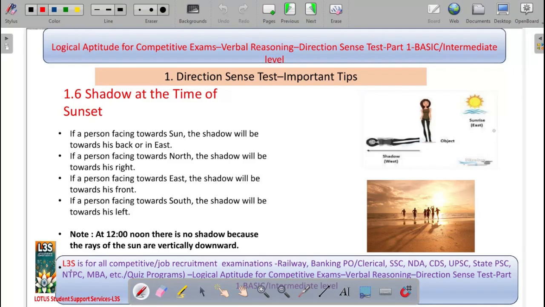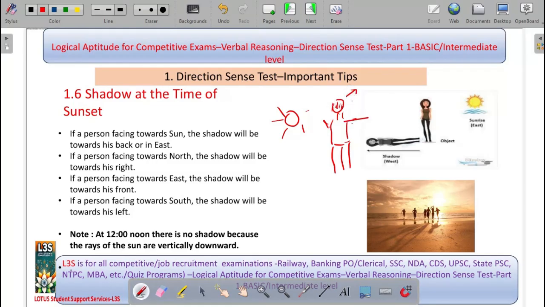His left hand side will be, if he is facing north side, then say the sun is this side and this is the person, and he is facing towards north side, this side.